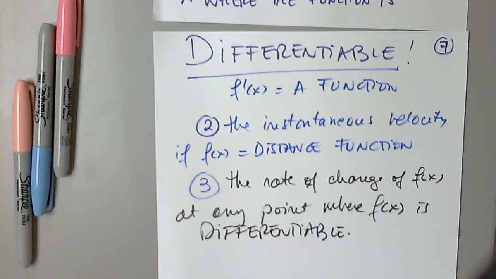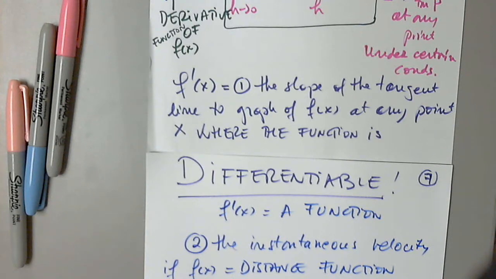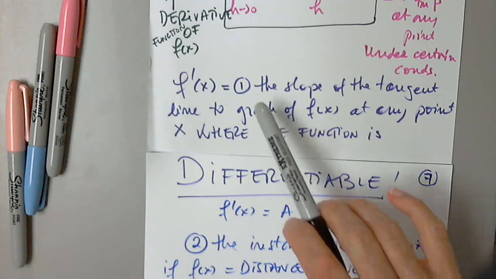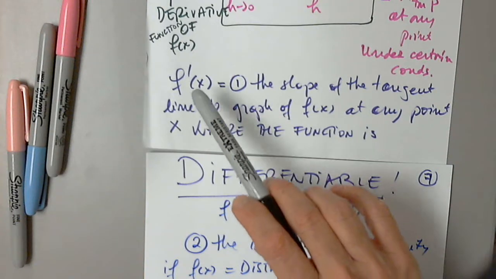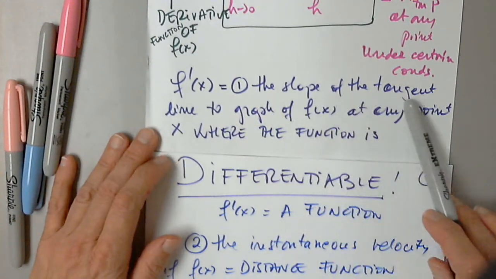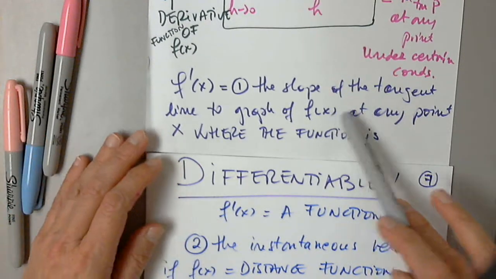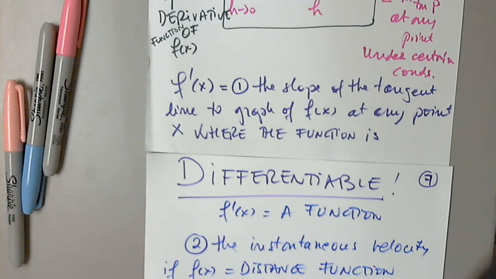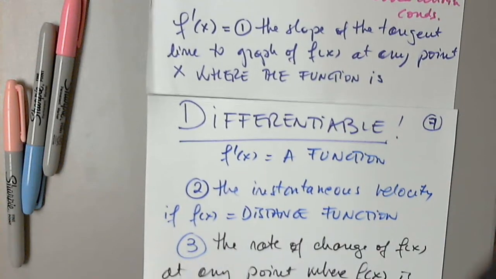So let me read this back to you one more time just to make sure that you're on the same page. The first derivative, f prime, gives the slope of the tangent line to the graph of f of x at any point where the function is differentiable.